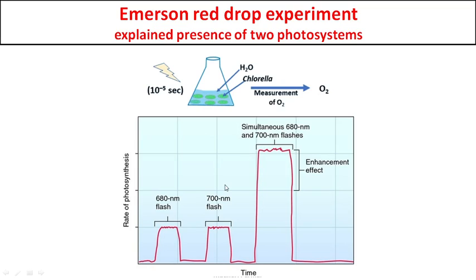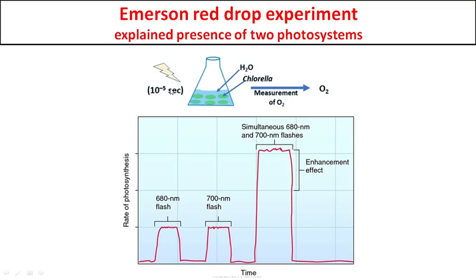Right. Now let us see this oxygen release. Of course, as you may remember from the graphs, it can be used to measure how much photosynthesis is taking place. Clear? So when they gave a 680 nanometer flash, which means the light falling on this chlorella was of 680 nanometer, the rate of photosynthesis was this much.